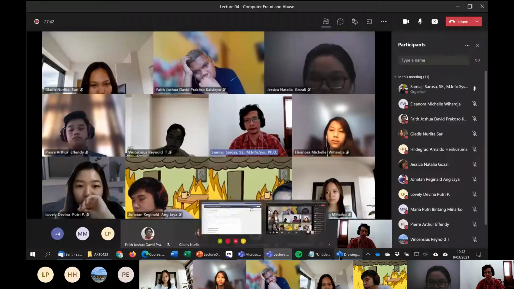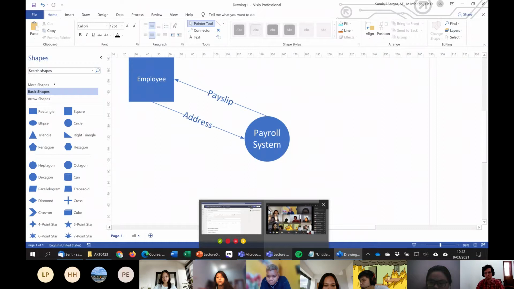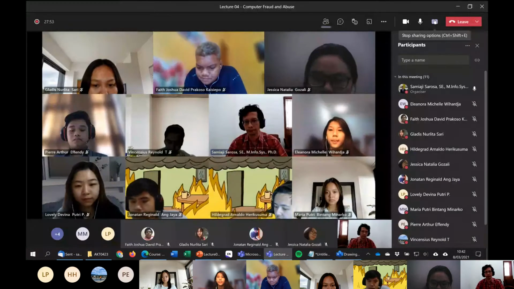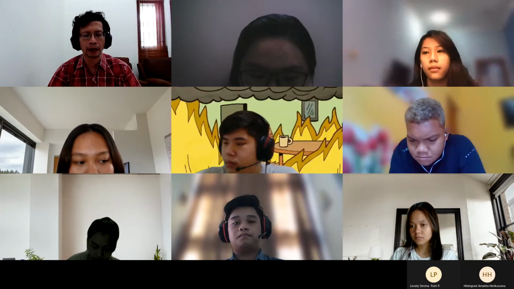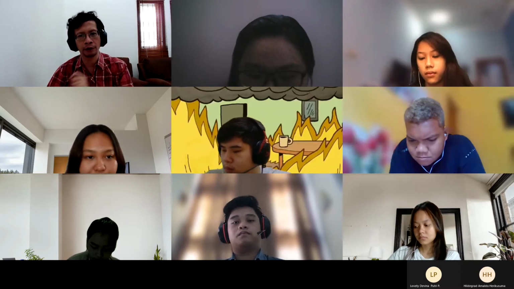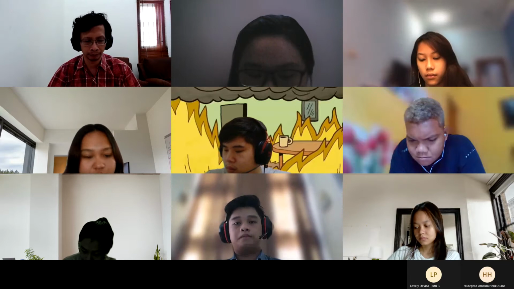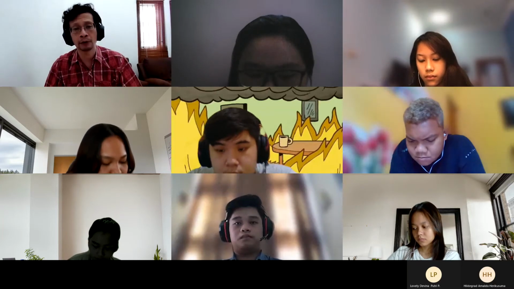So just supplying the address to the payroll system is not enough to generate a payslip. So that's the third mistake. It's called the gray hole. The input is not enough to generate the desired output. Okay, so that's how you draw the data flow diagram.